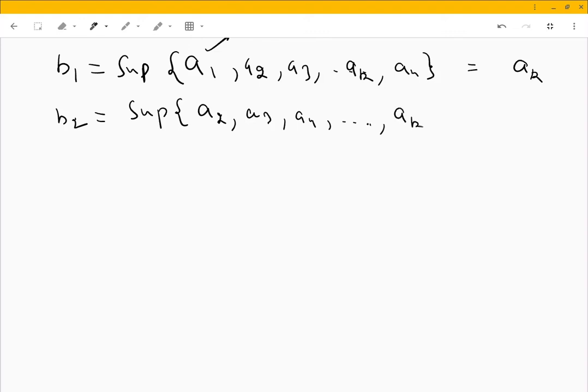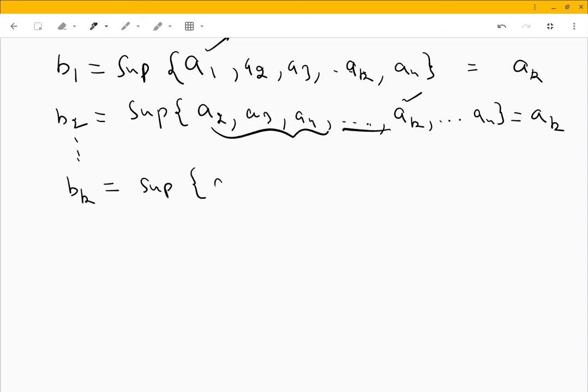Remember AK will still come, AN. Again we take the largest value, say that is AK; it is still in the set. What is happening is, first BK, we have left all these terms out till AK, and now we have AK till AK+1, so on till AN.